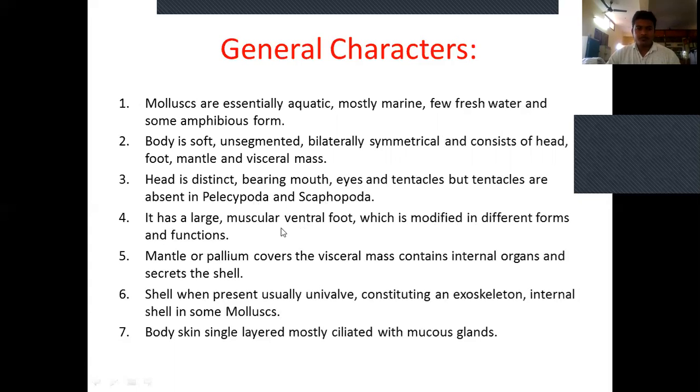Mollusks generally use the ventral foot for locomotion. Mantle or pallium covers the visceral mass, contains internal organs, and secretes the shell. Shell, when present, is usually univalve, constituting an exoskeleton. Internal shell in some mollusks. Body skin single layered, mostly ciliated with mucous glands.